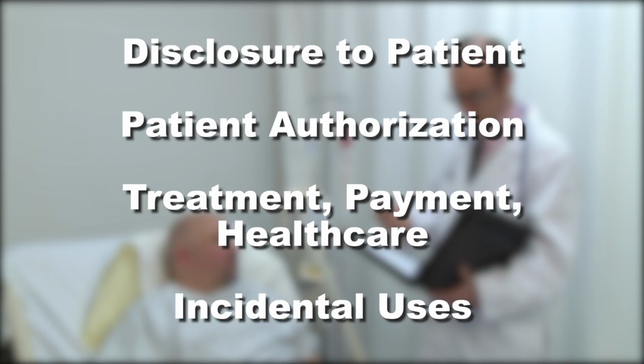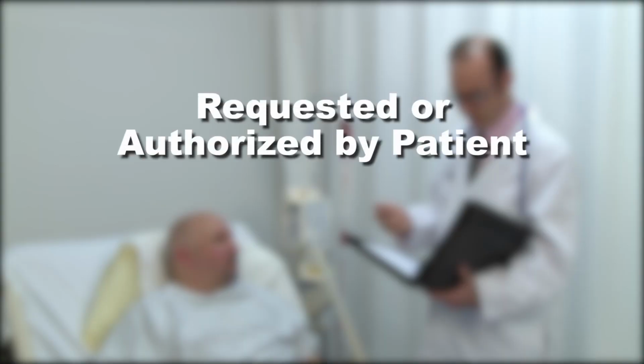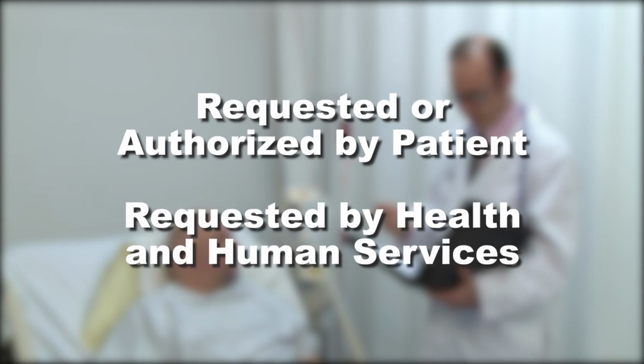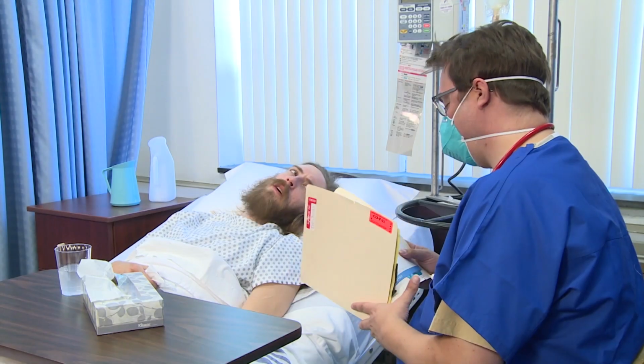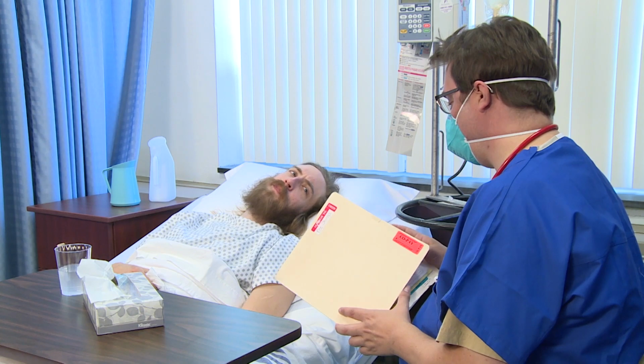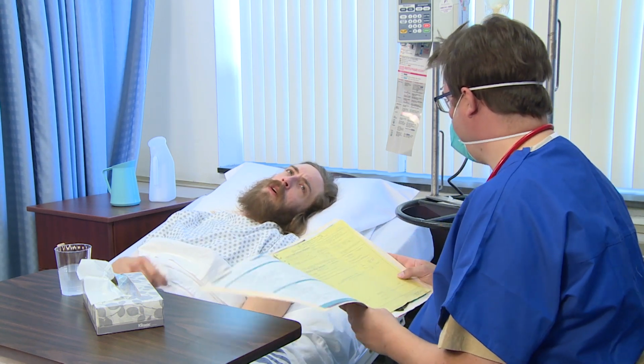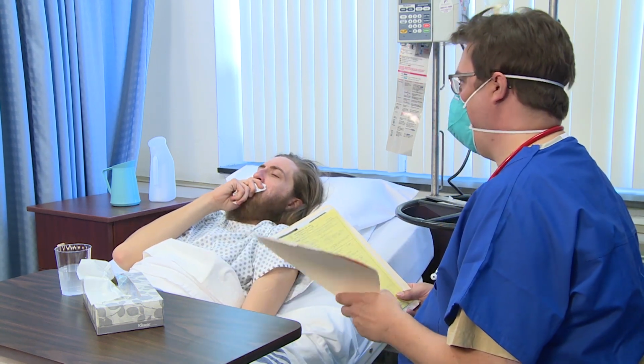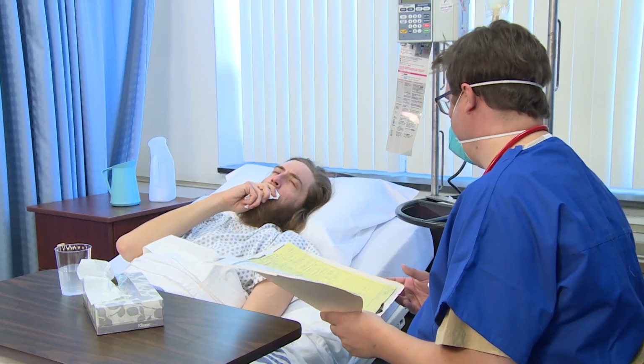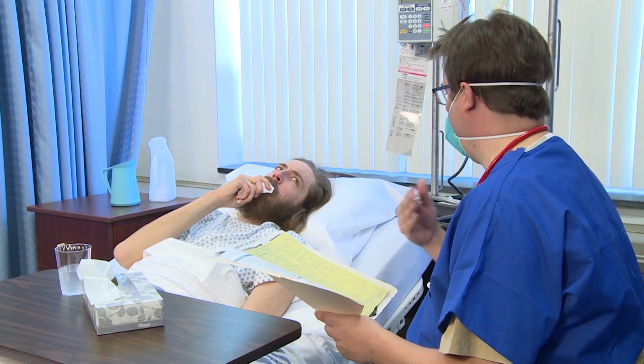The use or disclosure of PHI is required when it's requested or authorized by the patient, when it's requested by the Department of Health and Human Services, and since healthcare providers need access to PHI to provide quality care to a patient, patients cannot restrict disclosure of their PHI for purposes of medical treatment.